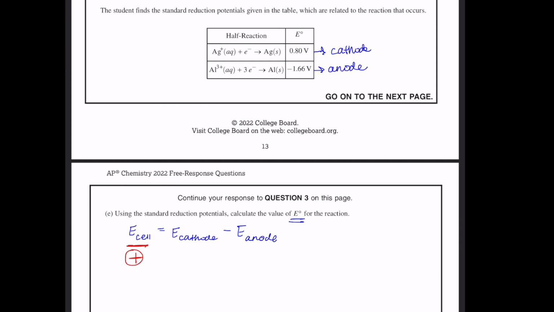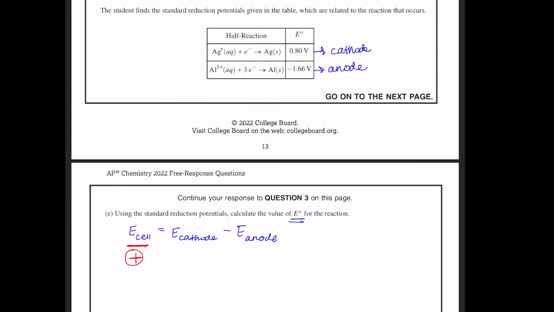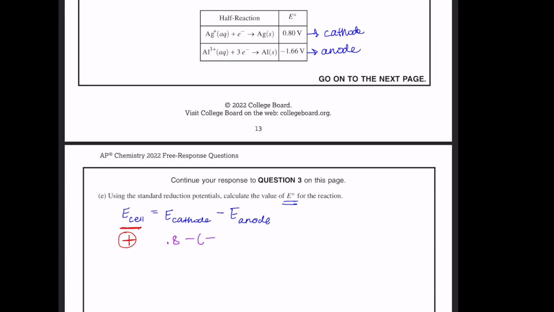So our thought is going to be, all right, how can we arrange these values to give us a positive result? So one thing we can do is we can say 0.8 minus negative 1.66, or we can also say negative 1.66 minus 0.8. So these are our two outcomes, and then this is what's going to give us a positive answer.